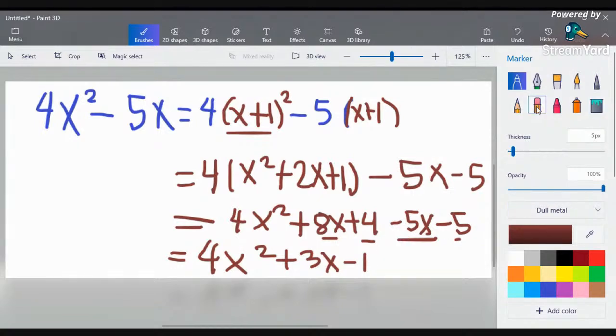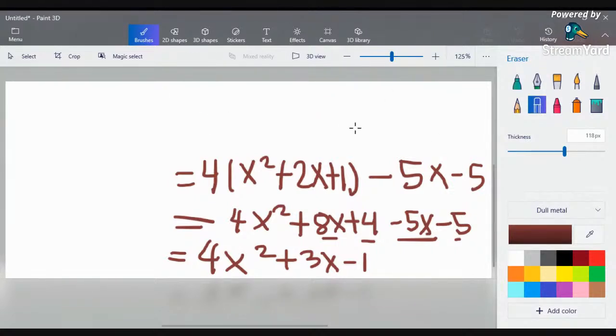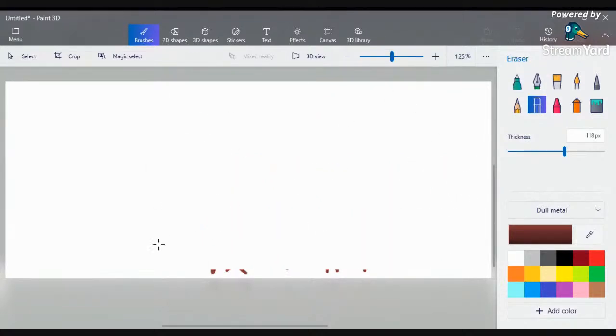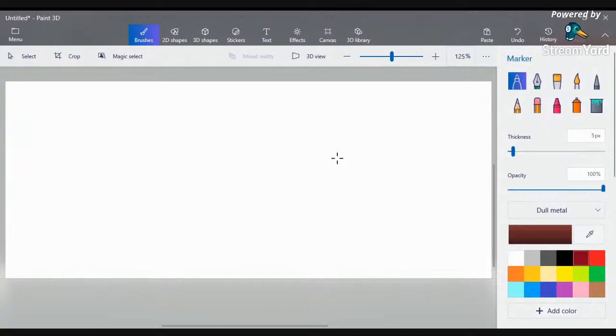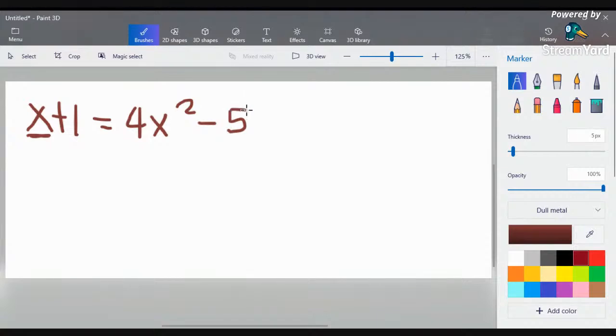And next is g of f of x. Okay. So instead of g of x, we have to put the value of f of x inside the g of x. So g of x is x plus 1. But we have to change x with the value of f of x, which is 4x squared minus 5x.